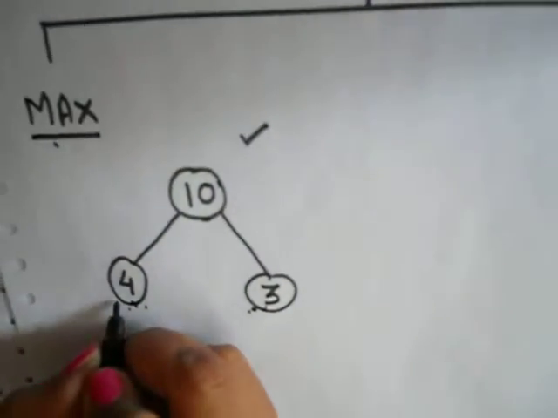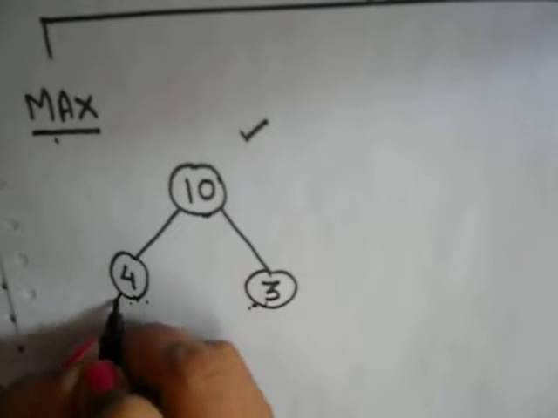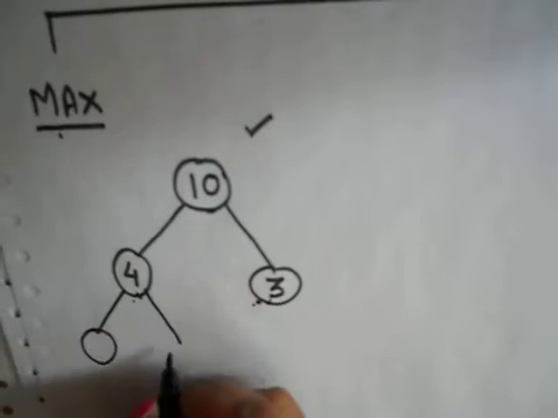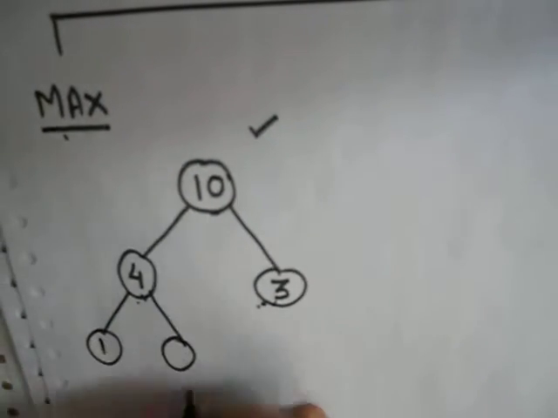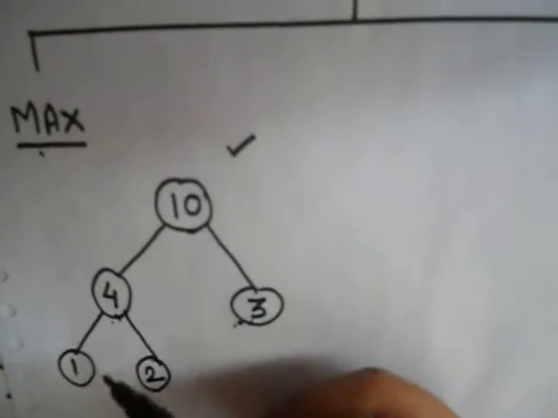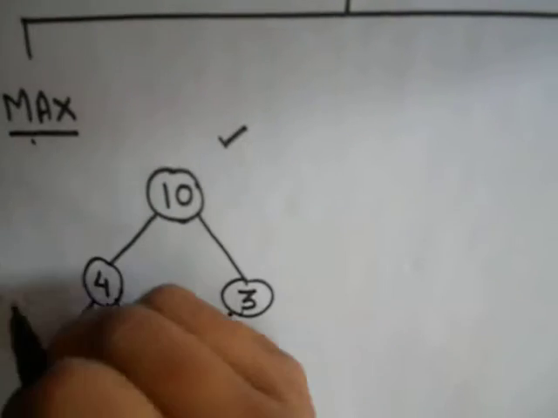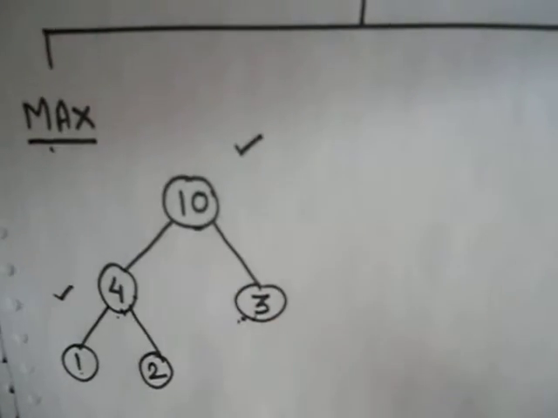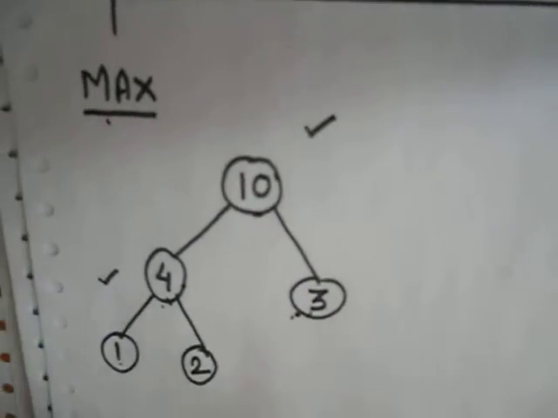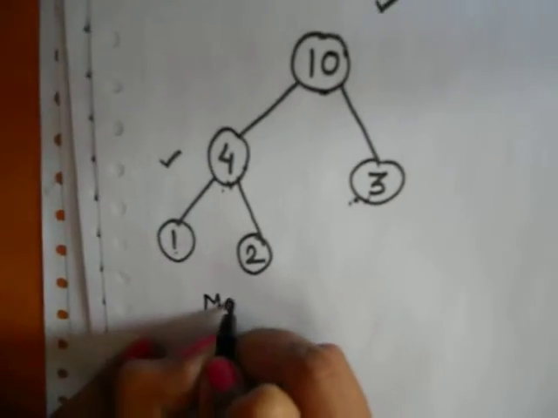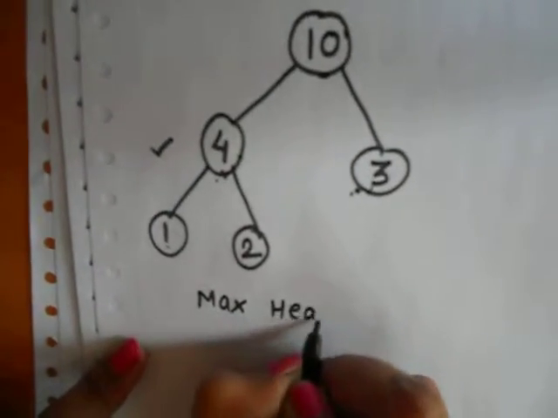One more thing, if I consider this node and some children of this node, 1 and 2, then 1 and 2 are less than the value of this node, so this node also satisfies the max heap property. So this is the example of max heap.